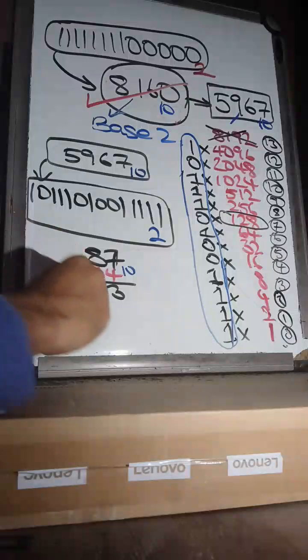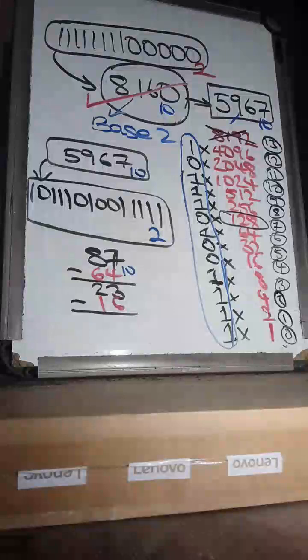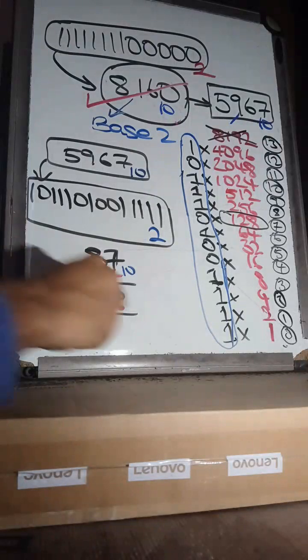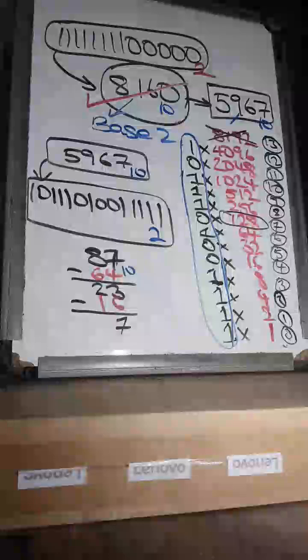Now, that means that 23 is smaller than 32, so we're not going to be able to use that. So we now have to skip to 16. Now this is 7. What I know about 7 is that if you add 4 plus 2 plus 1, you get 7.